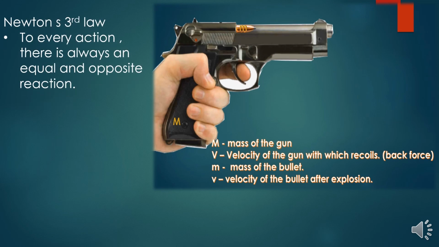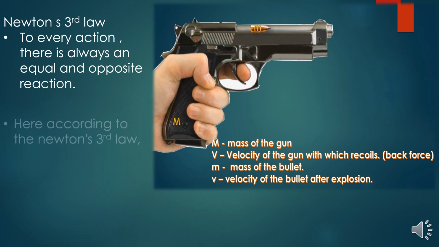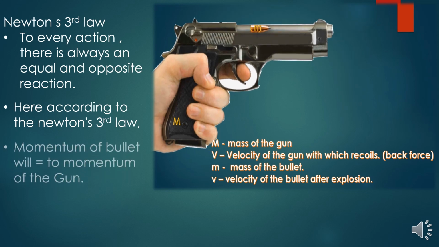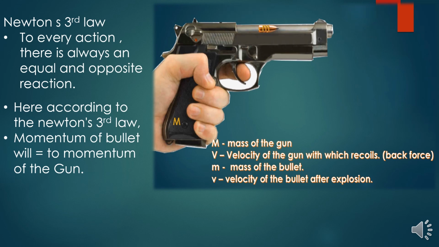Newton's third law. To every action, there is always an equal and opposite reaction. Here, the action means the force. The best illustration to understand this is the example of a bullet firing from a gun. Here, according to Newton's third law, the momentum of the bullet will equal the momentum of the gun.